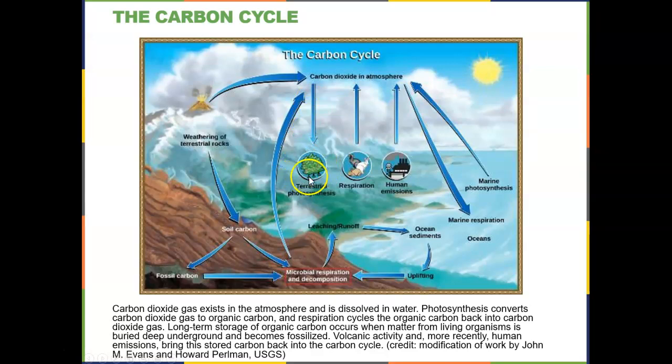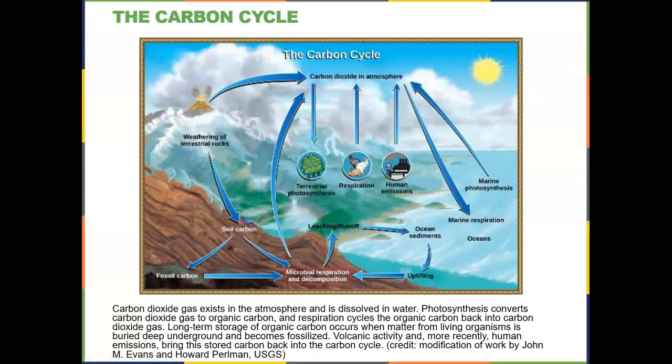So here we have our terrestrial photosynthesis taking up, and then we also see that there is a return of carbon dioxide from animals. Remember, animals can't make their own food by taking up carbon dioxide, but they will burn the sugars made by these photosynthesizers, and then they will release carbon dioxide back to the atmosphere. So this is cycling the carbon through living things on the land.